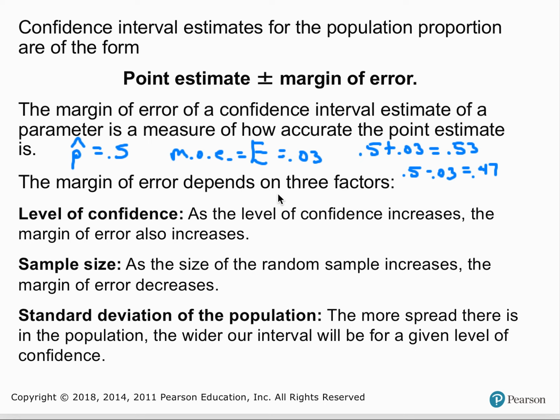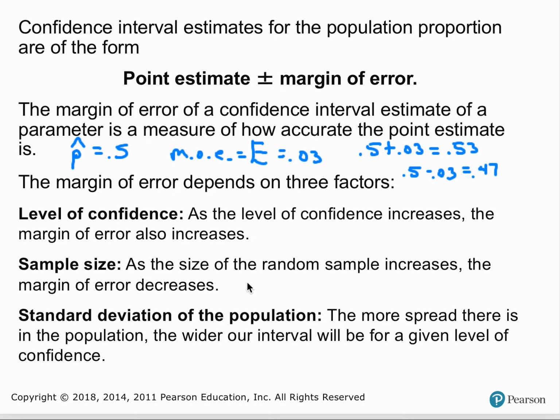Okay, the margin of error depends on 3 factors. The level of confidence. As the level of confidence increases, the margin of error also increases, right? If you're 95% sure of something, you might say, you know, with an error of 0.5. But if you want to say, hey, I'm 99%, your margin of error is going to increase.